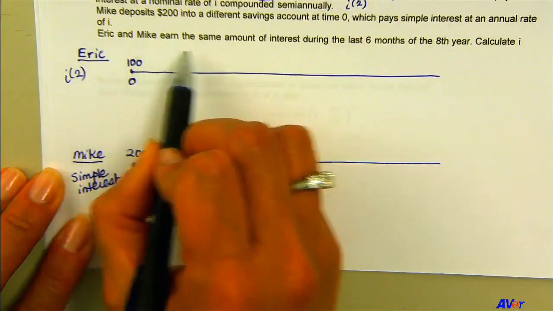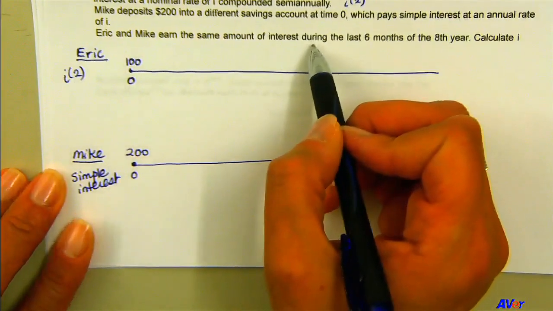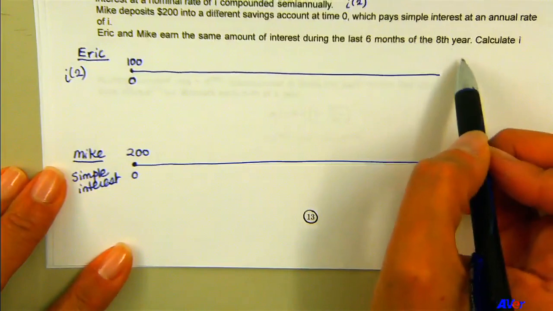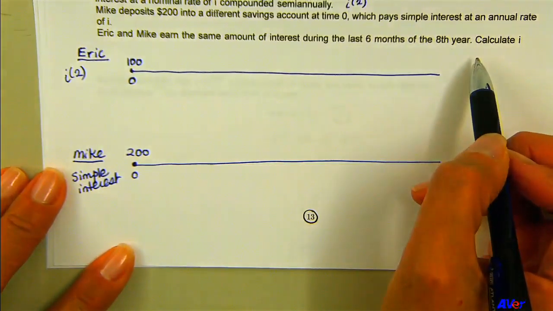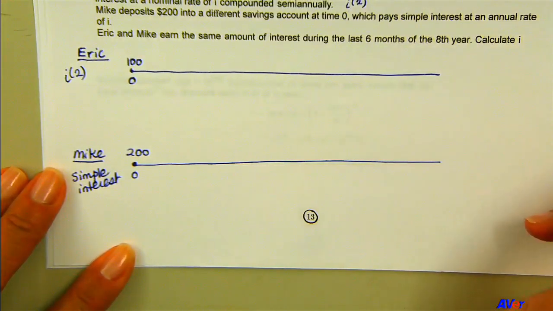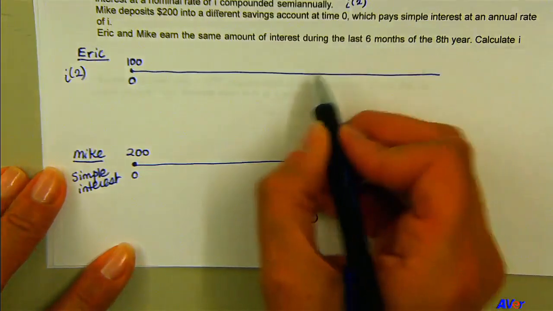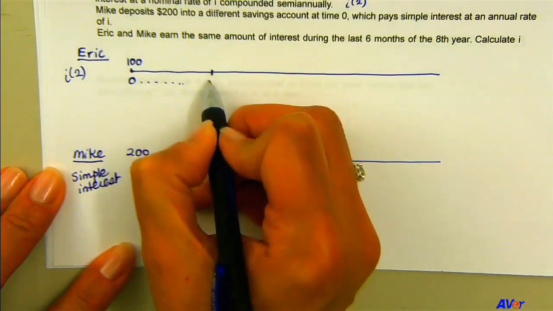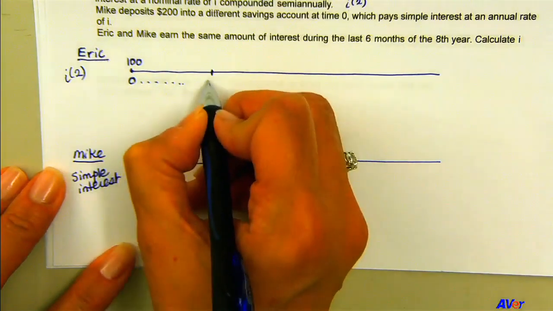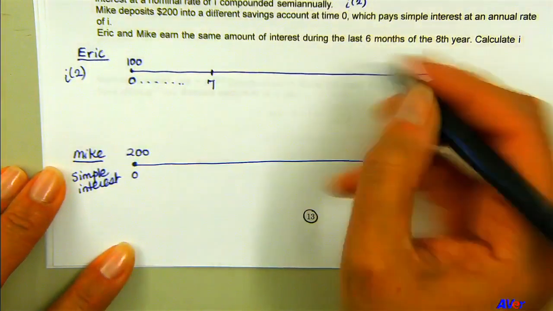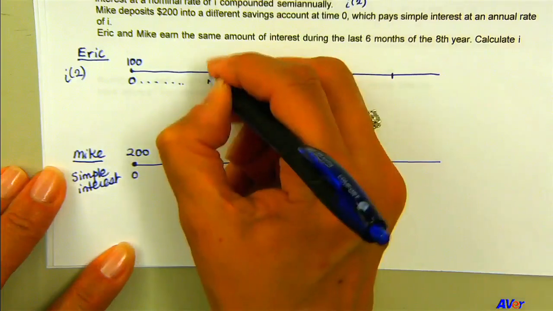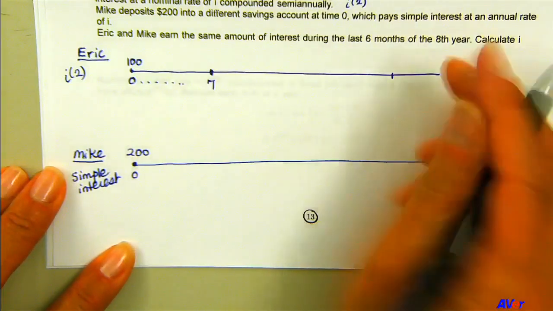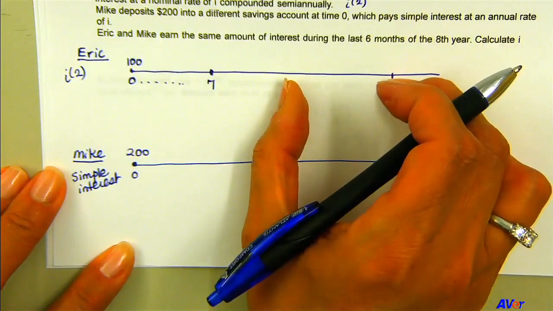Eric and Mike earn the same amount of interest during the last 6 months of the 8th year. Calculate i. So we're only interested in the interest earned. So let this grow, okay? Let's say this is time 7. I'm interested in the interest during the last 6 months of the 8th year.